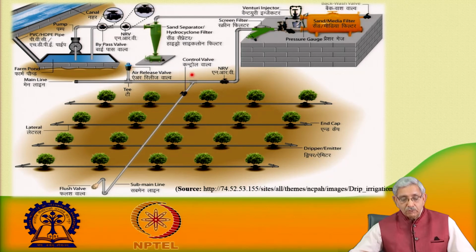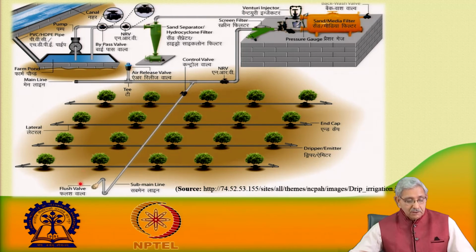The control valve is allowed to open or close, and from the sub main pipeline lateral pipelines are attached. As I told you, these lateral pipelines could be placed above the land surface or below the soil surface, so it is a surface or subsurface drip system, and on these laterals drippers are attached.